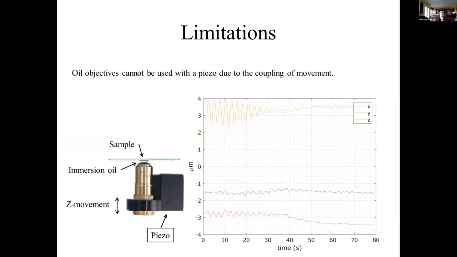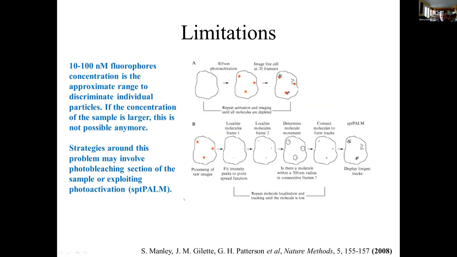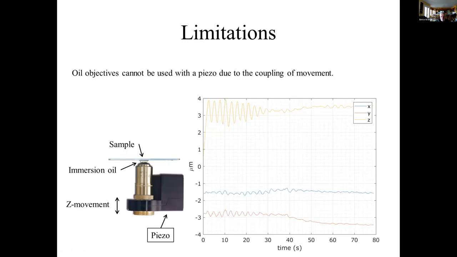Okay, so the other thing that we discussed was that the piezo cannot be used, and we need to use the electrically tunable lens. By the way, the electrically tunable lenses are very cheap, on the order of $300-400, while the piezo is on the order of $5,000. So this is really very important also.